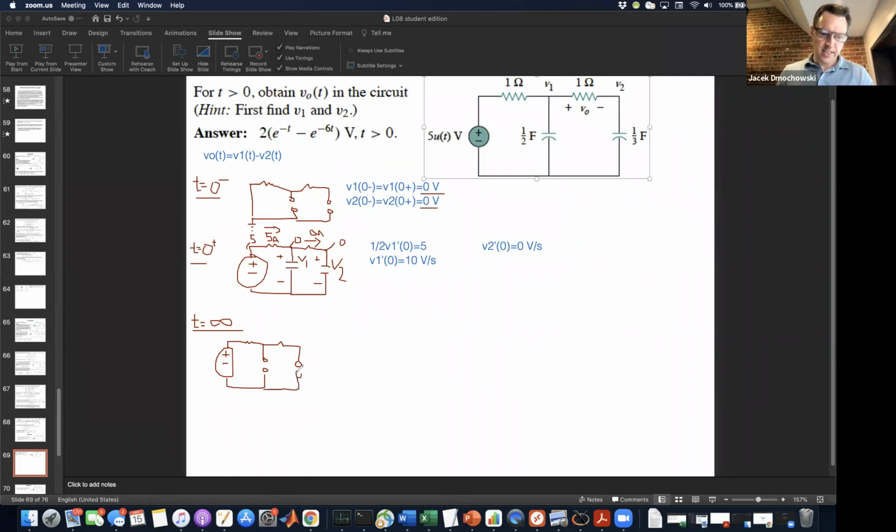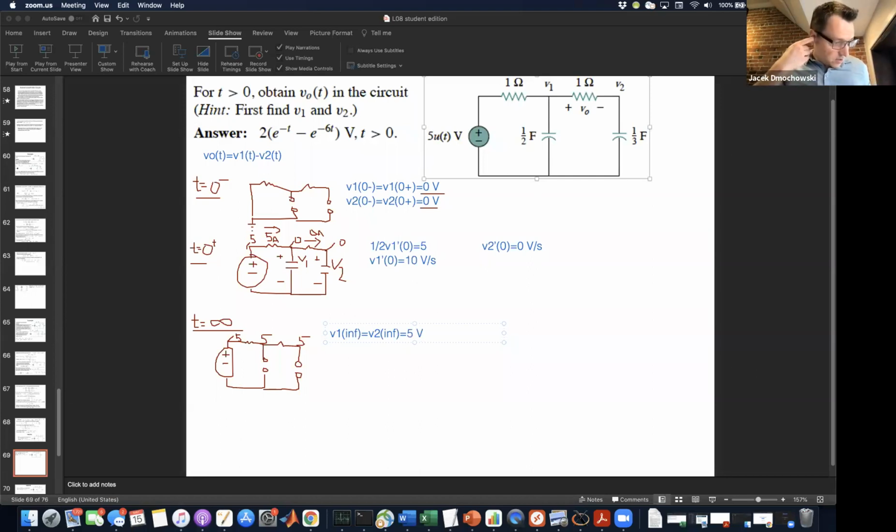And so what you'll see in this case is that once again, there's not a complete path for the current to flow anywhere. But we do have a live voltage here. This is 5 volts, which means that this is 5 volts, and this is 5 volts. And so we know that V1 of infinity is equal to V2 of infinity is equal to 0 volts. Sorry, 5 volts.